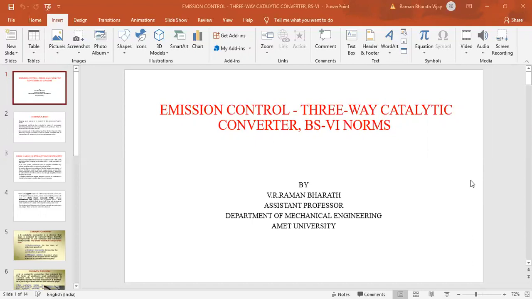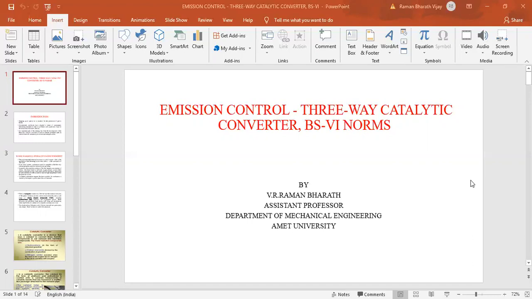It's our foremost duty to control these exhaust gases. Thereby there are methods. You would have read about EGR, exhaust gas recirculation. There you recirculate the exhaust gases, and when you recirculate them, the emissions are controlled.